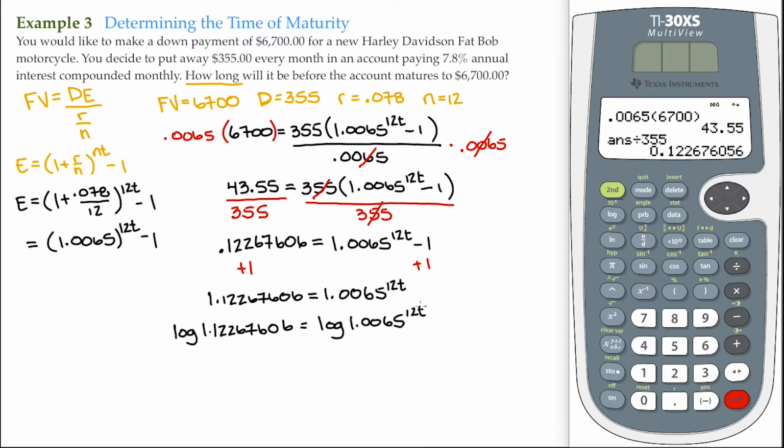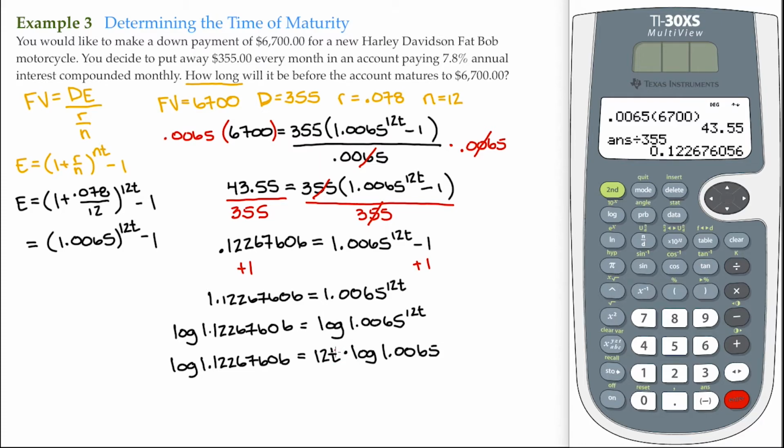Power property of logarithms says that now this side can be rewritten as 12t times the log of 1.0065. Of course, this side is also the log of 1.12267606.